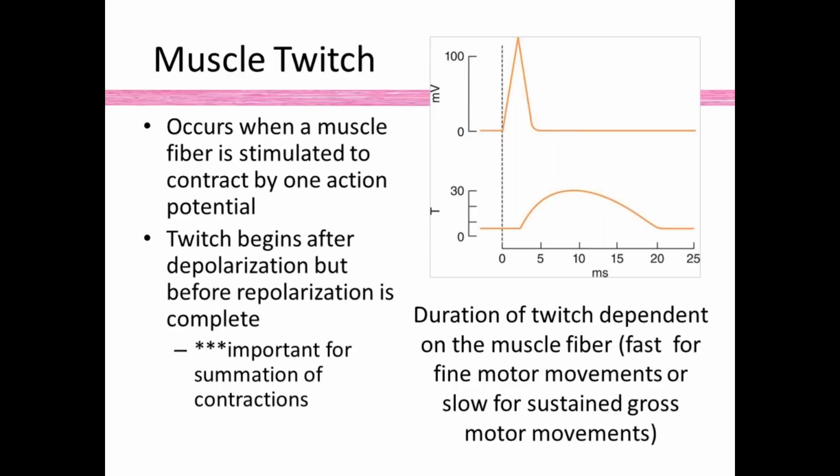But in order to get a contraction going that's strong enough to lift, let's say, a cup, you would actually need to get several action potentials sent back to back in order to get not just a few cross bridges, but multiple cross bridges to occur, and not in just one sarcomere, but maybe in, let's say, 50% of the myofibril, and maybe not just one myofibril, but like 20 of them.